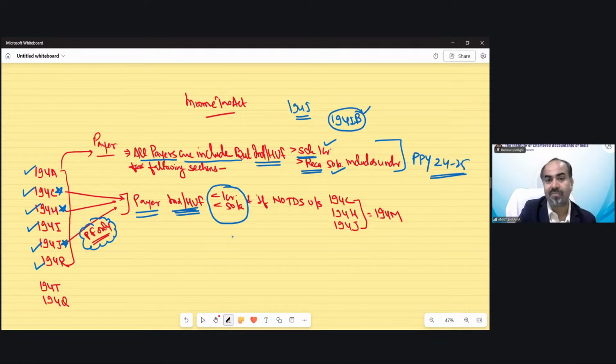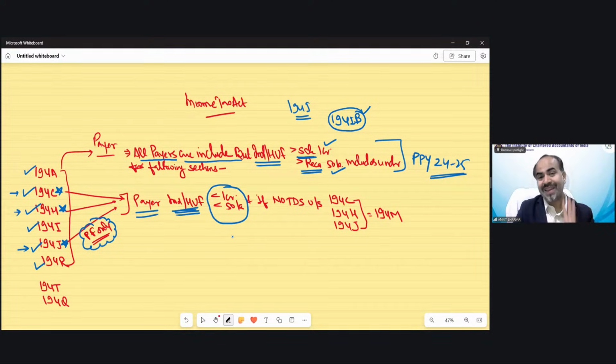In the same way, section 194C, section 194H, section 194J, professional fees. So those individual HUF cannot deduct TDS because turnover not exceeding 1 crore, receipt not exceeding 50 lakh under this section.